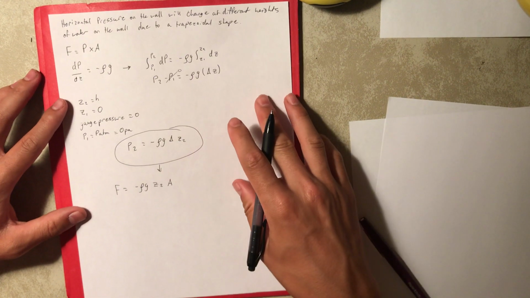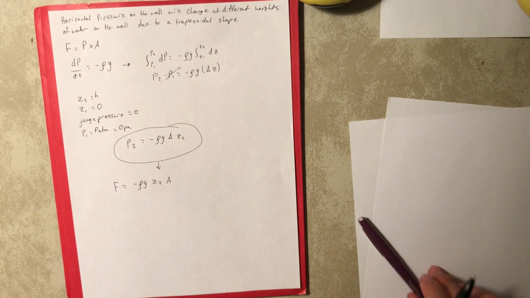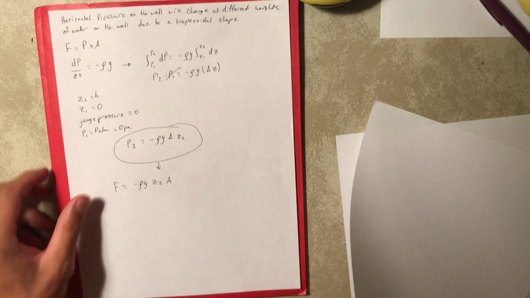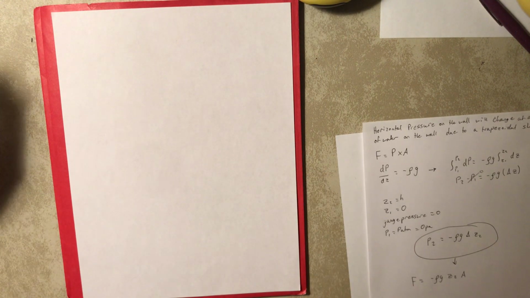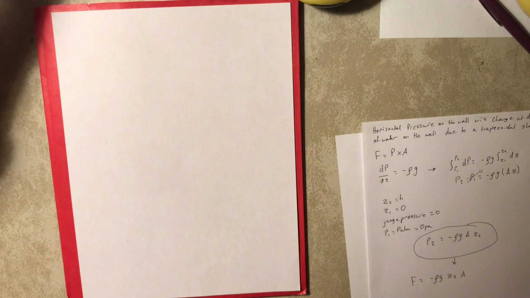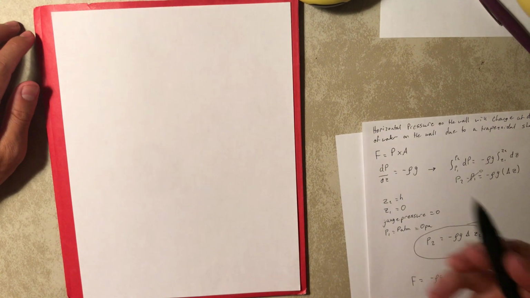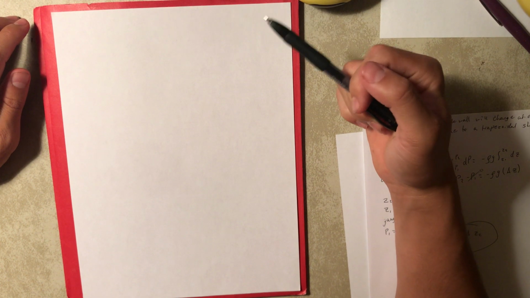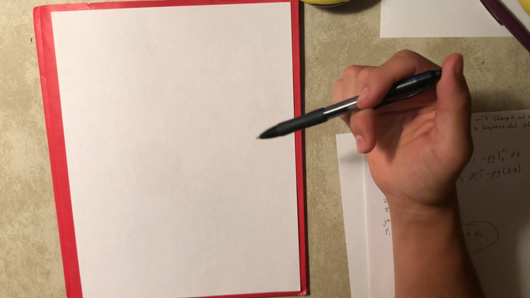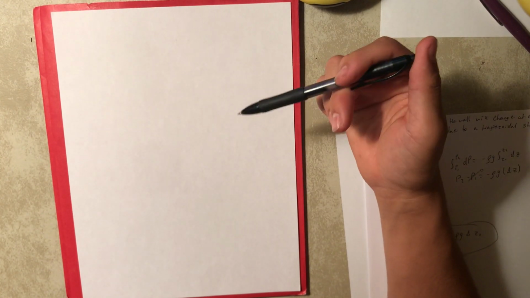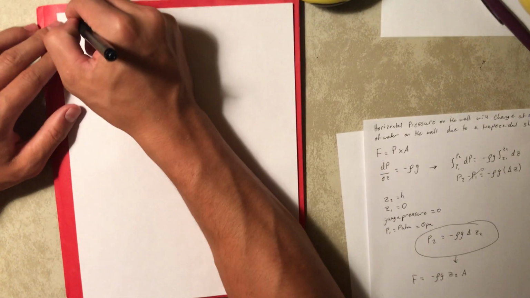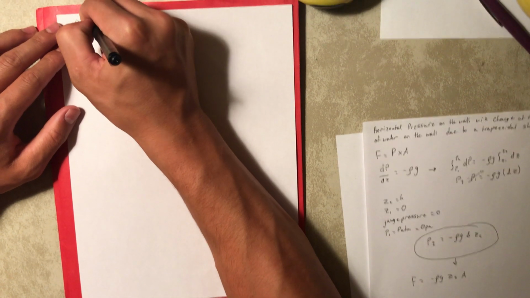And then from there, I'm going to start a new sheet of paper. I'll move this over. If we need to reference this at all, we'll do that. So our area is changing since it is based on H, the height of the water on the wall. So it's changing as the water goes up.